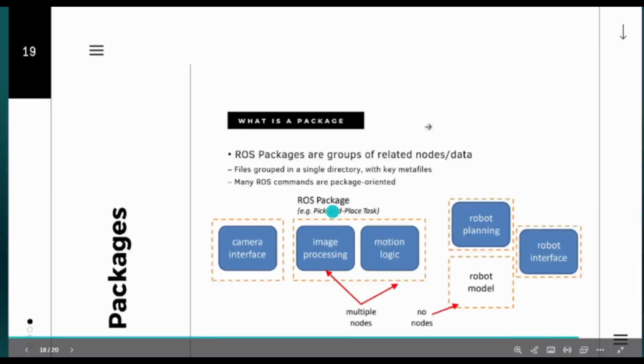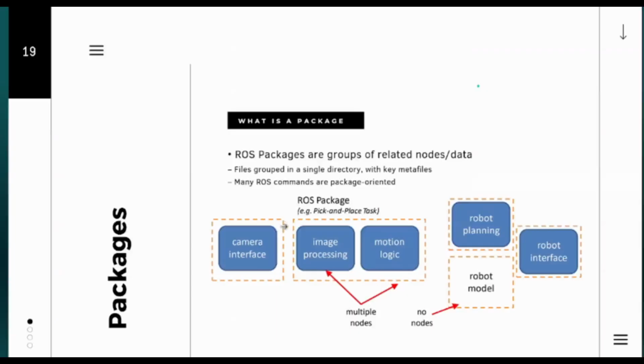So here there is the thing called packages. The packages are created using several nodes, and they provide several functionalities to you. Basically the open source community has developed packages and provides them so that anyone who likes robotics can go and use them.